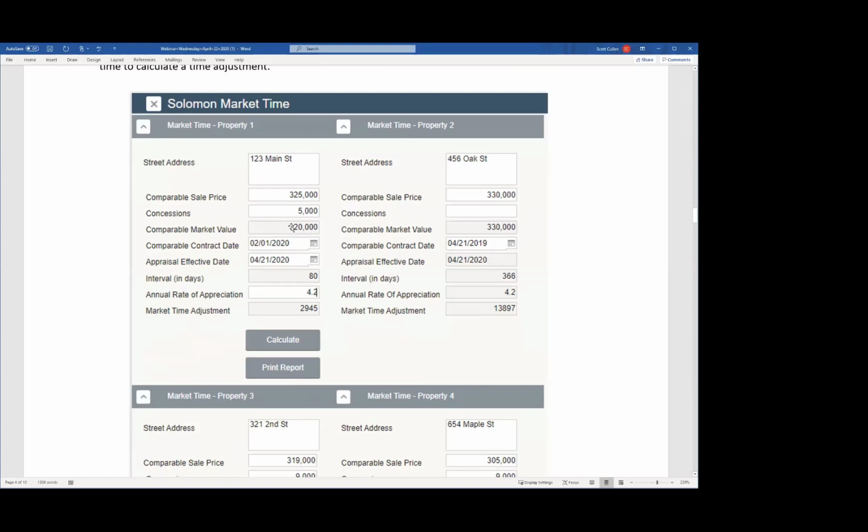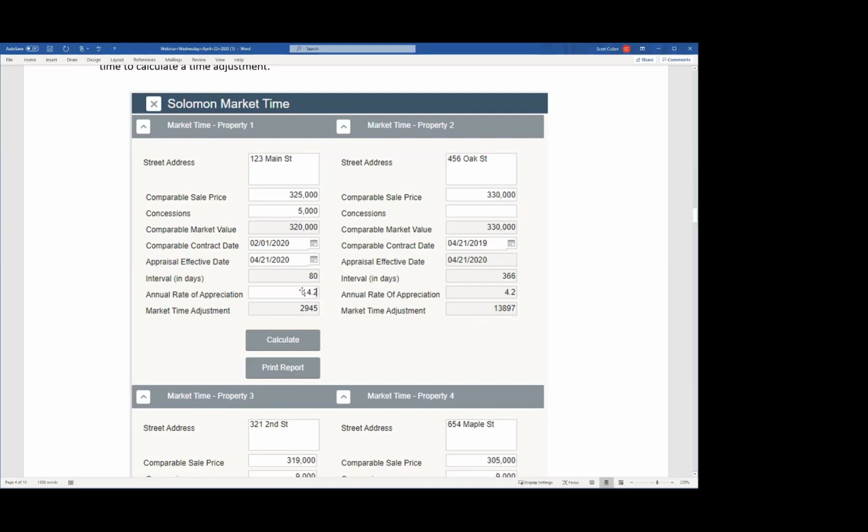So we've got 320. We've got 80 days. It automatically calculates the interval between those two dates. And there's this annual rate of appreciation. So the calculation works like this. 80 divided by 365 days in the year gives us a fraction.